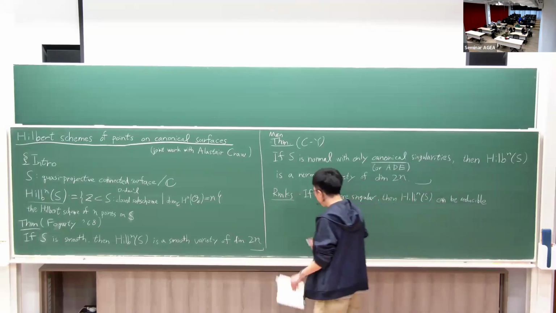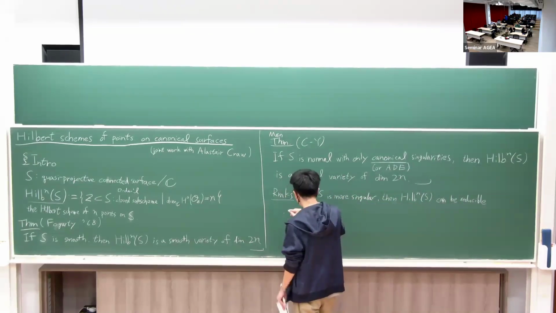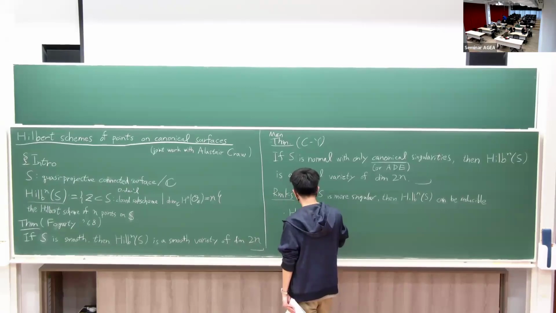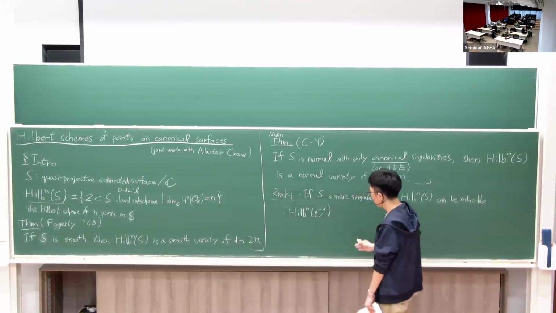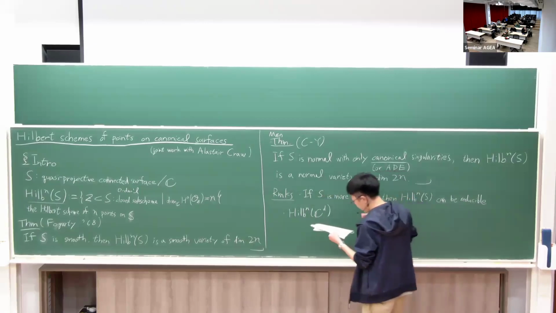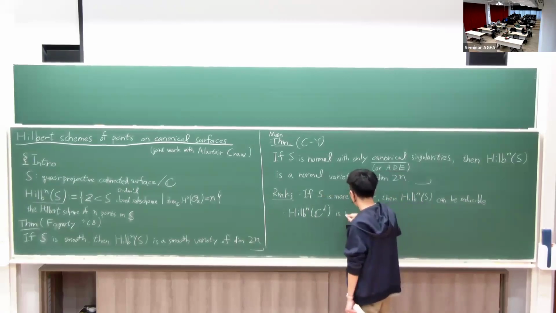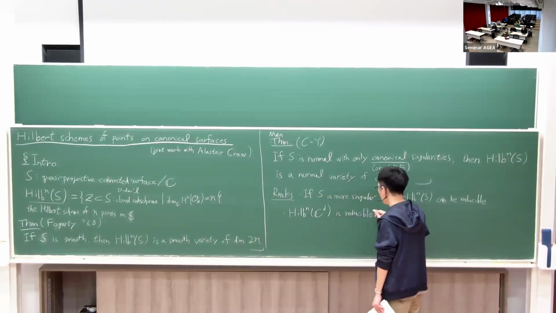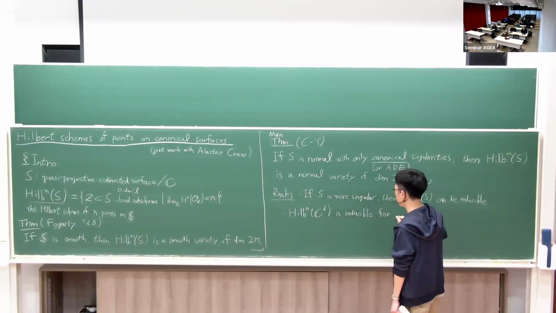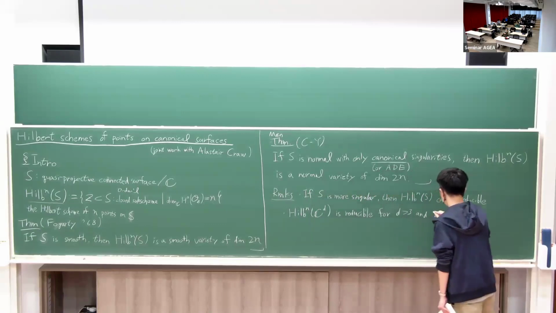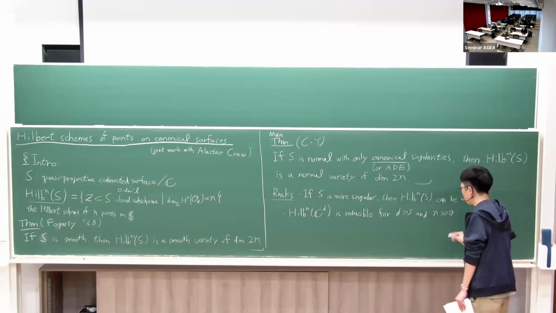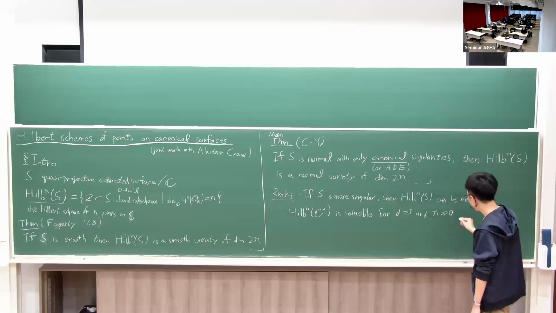And also for higher dimensions, even if the original variety is smooth, the Hilbert scheme can again be reducible, for sufficiently large n.